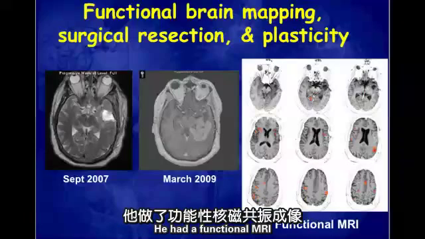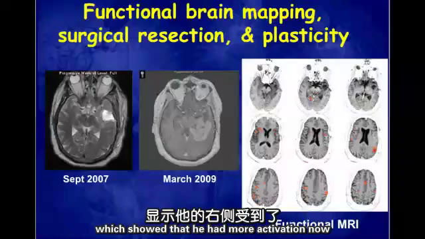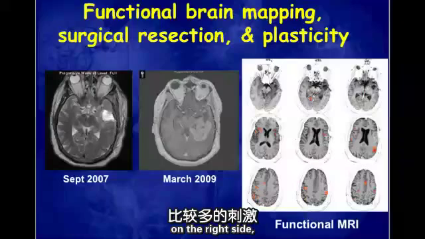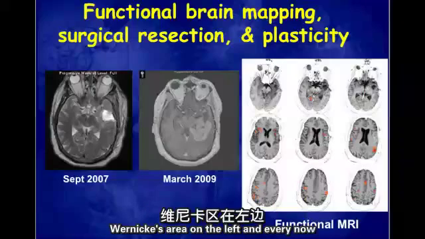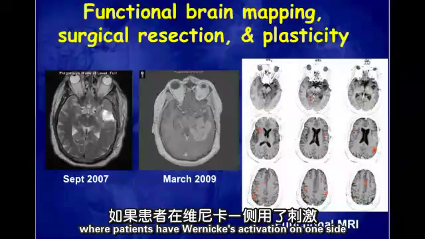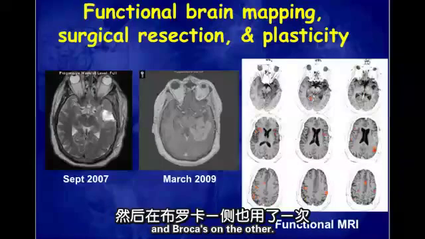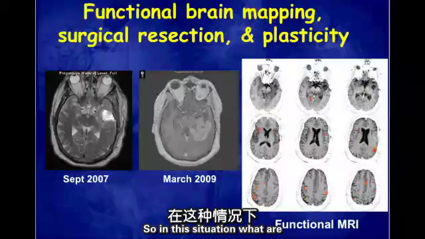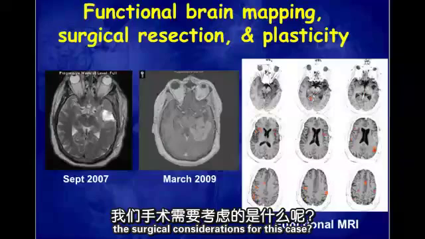He had a subsequent functional MRI, which showed that he had more activation now on the right side, Broca's area on the right, Wernicke's on the left. And every now and then we do see this where patients have Wernicke's activation on one side and Broca's on the other. So in this situation, what are the surgical considerations for this case?